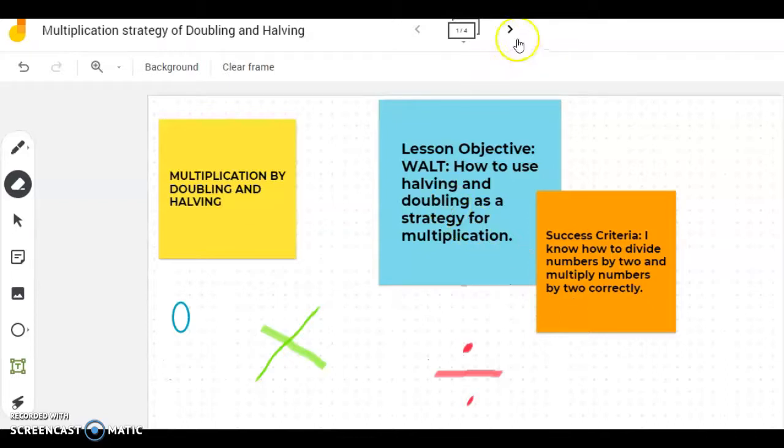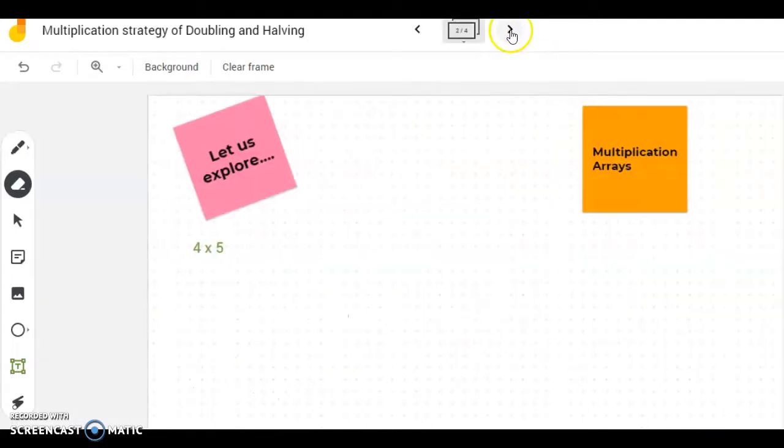So let's explore more. The first thing we are going to do is use multiplication arrays to explain the concept of doubling and halving. Let's explore 4 times 5. So I'm going to have arrays here of 4 times 5.